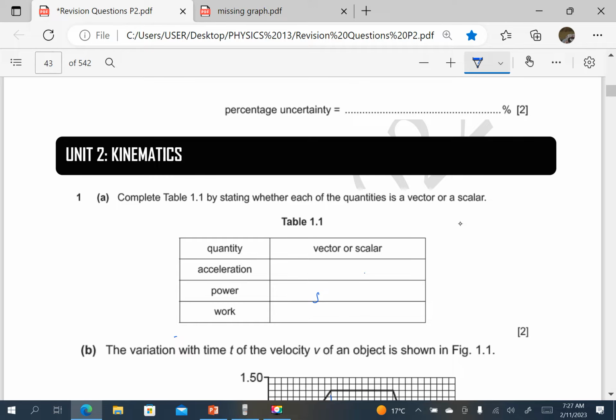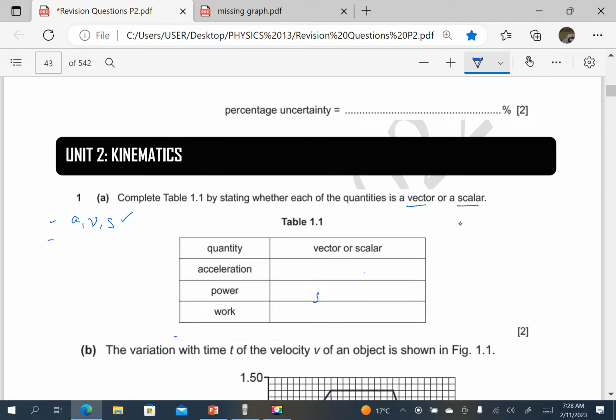Complete the table by stating whether each of the quantities is a vector or a scalar quantity. A vector quantity has both magnitude and direction. A scalar quantity has magnitude only. At our AS level, we expect only six vectors. Three are from kinematics: acceleration, velocity, and displacement.